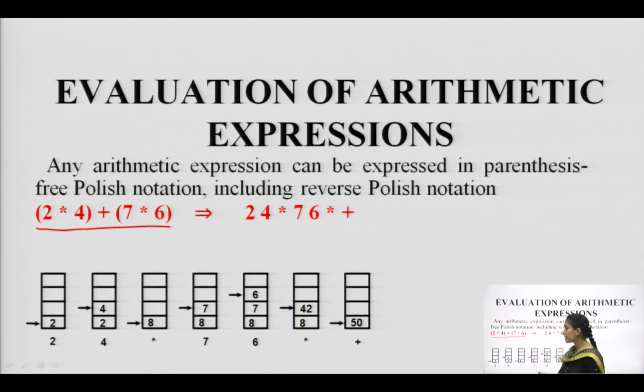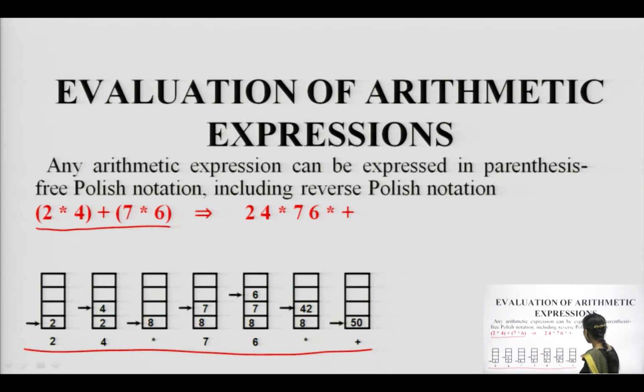With the help of the stack, I will be evaluating the required arithmetic expression. So, any arithmetic expression can be expressed in a parenthesis-free Polish notation, or including reverse Polish notation. Here we are taking the example 2 cross 4 plus 7 cross 6, suppose I have to evaluate.